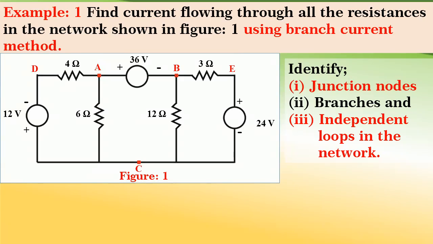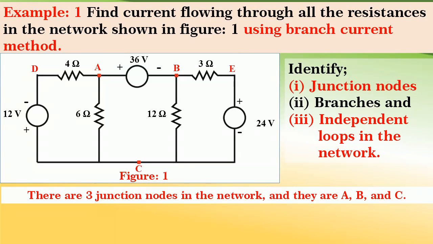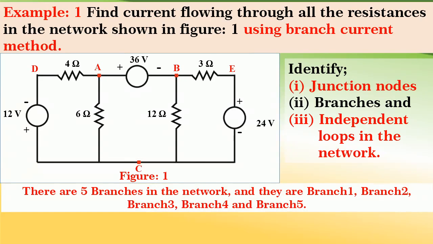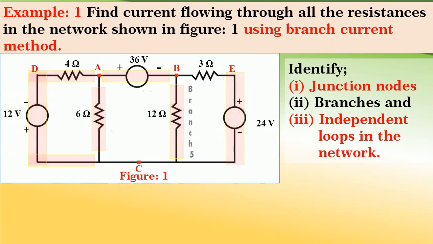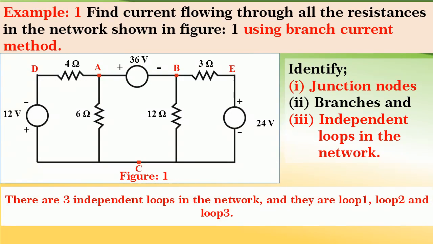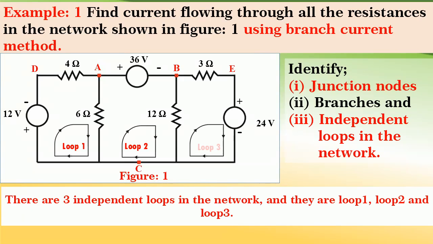According to me, there are three junction nodes in the network and they are A, B and C. And there are 5 branches in the network: branch 1, branch 2, branch 3, branch 4 and branch 5. And friends, there are 3 independent loops in the network and they are loop 1, loop 2 and loop 3 as shown in figure.